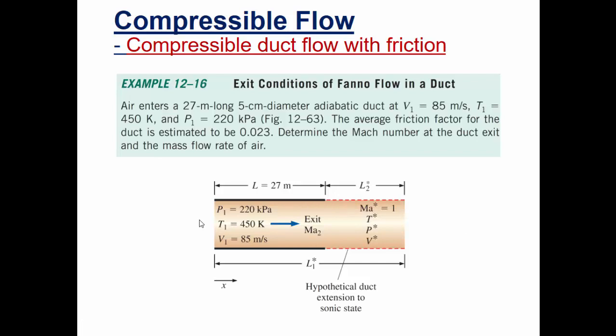Temperature at that point is 450 Kelvin, and the pressure is 220 kilopascal. This is the diagram, and the average friction factor for the duct is estimated at 0.023. So the small f is 0.023.